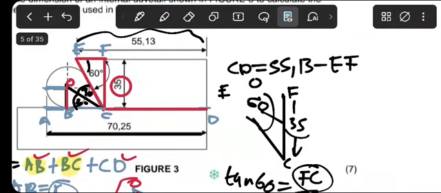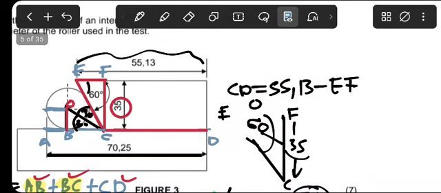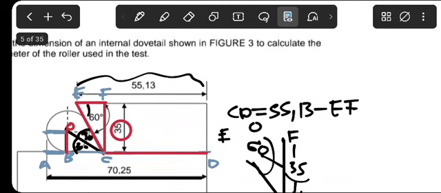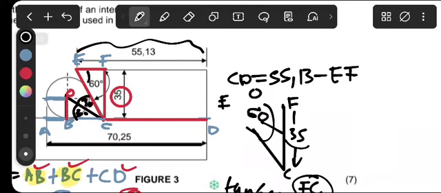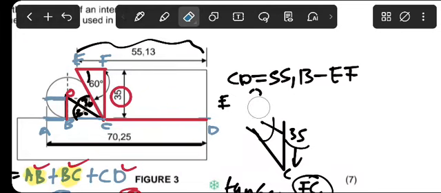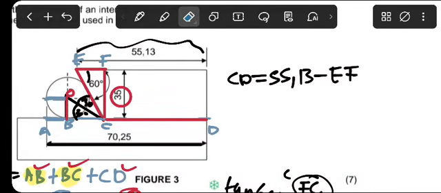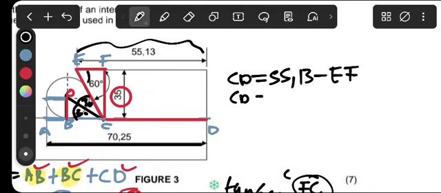So we can substitute our EF here. So we have CT equals 55.13 minus 20.107.